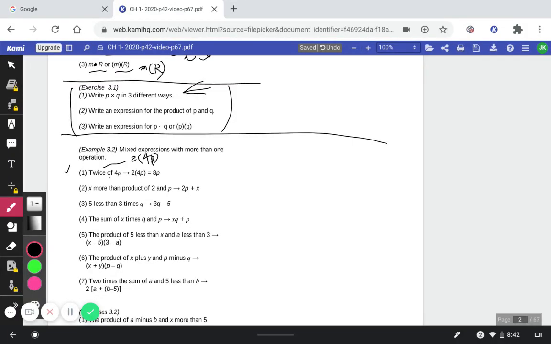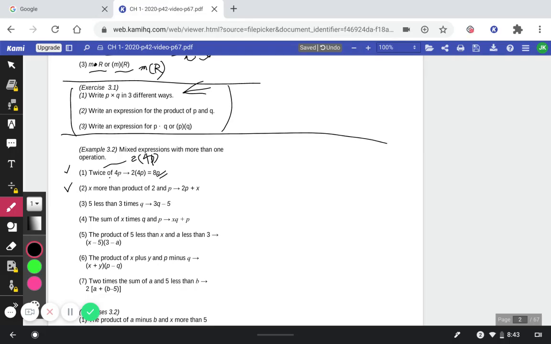So you express it like this, 2 multiplied by 4p, because twice means 2 times. So 2 times 4p ends up with 8p. Because when you multiply numbers, you put them together first. So 2 times 4 is 8, so 8p.